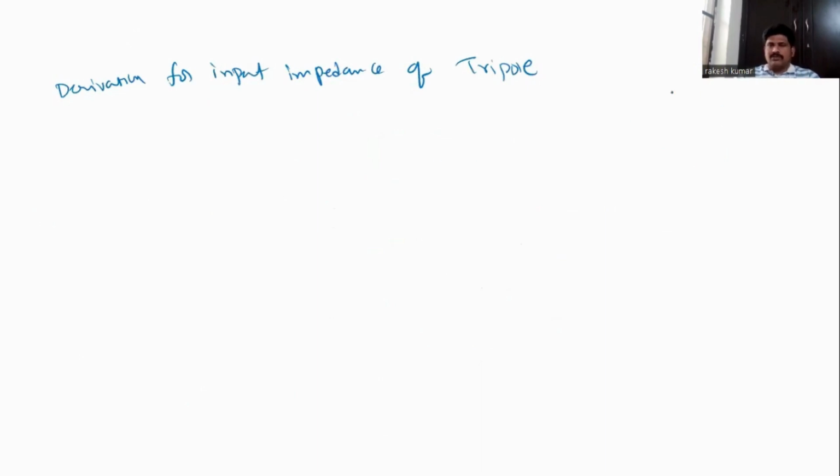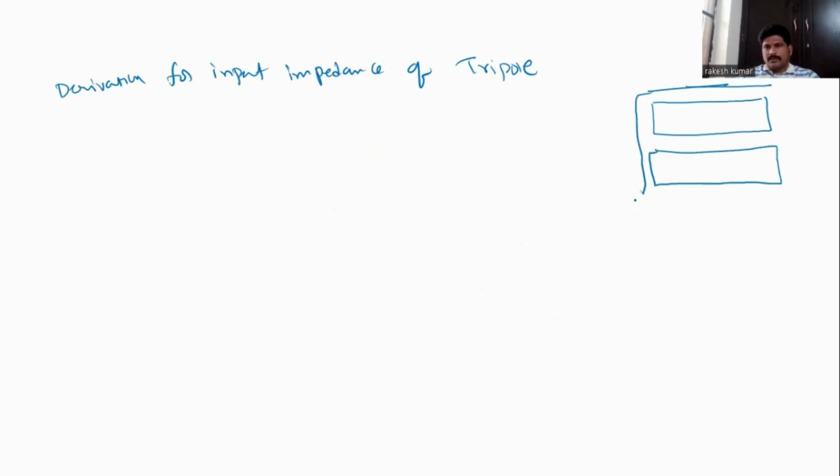If I draw this diagram like this, this is dipole one, this is dipole two, this is dipole three. If I provide the supply voltage V1 here, what happens?